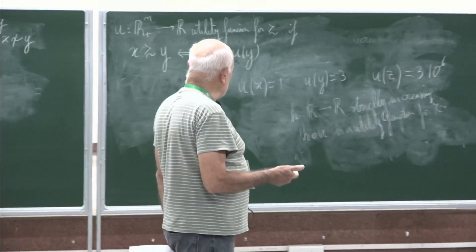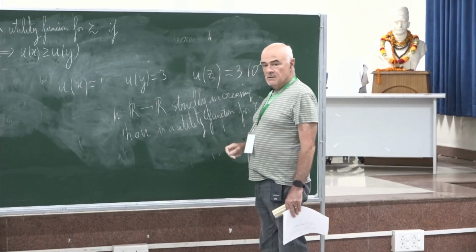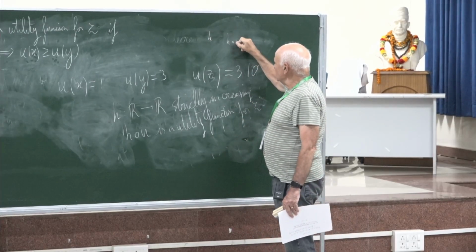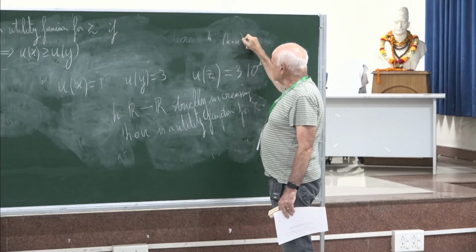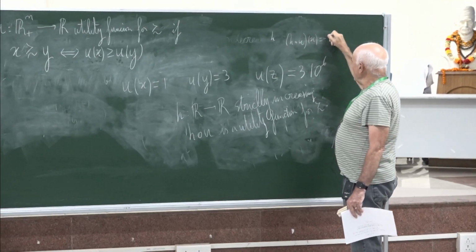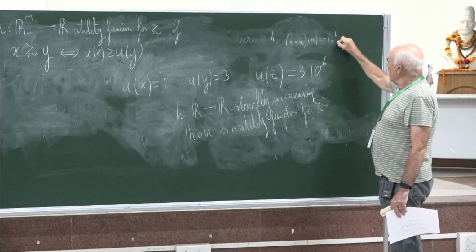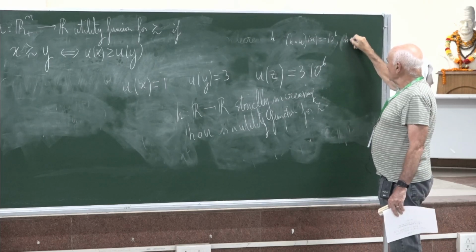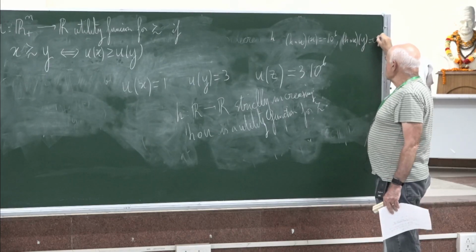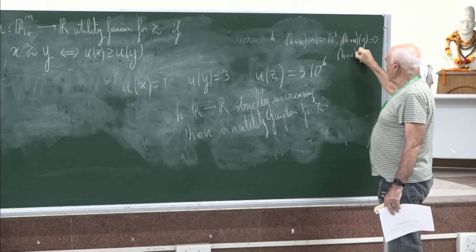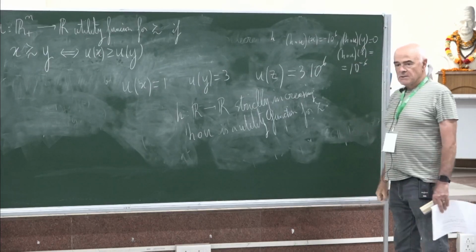So I can easily construct an h such that for this h, h composed with U at x will be minus 1 million, h composed with U at y will be 0, and h composed with U at z will be 10 to the power minus 6.